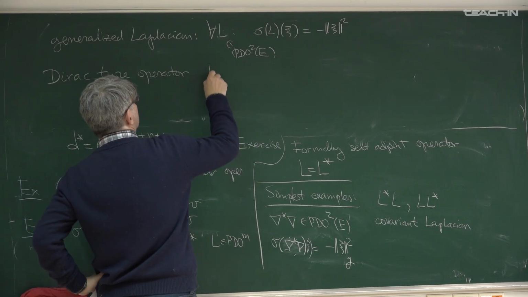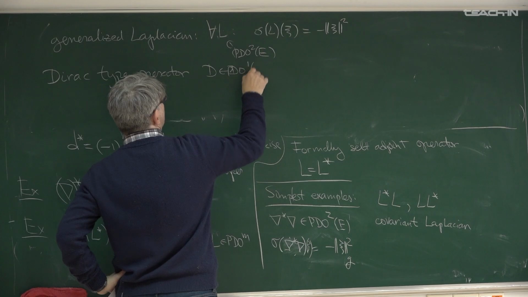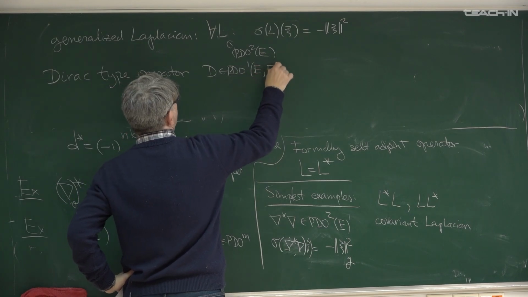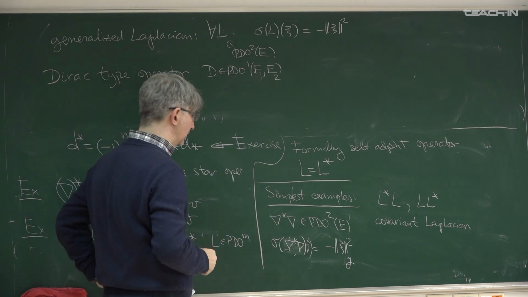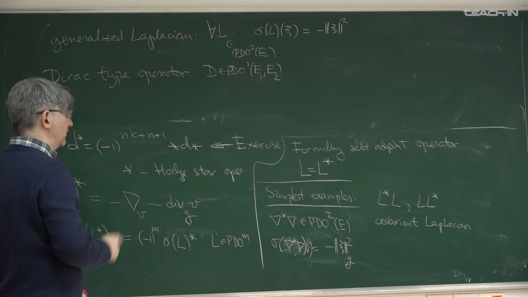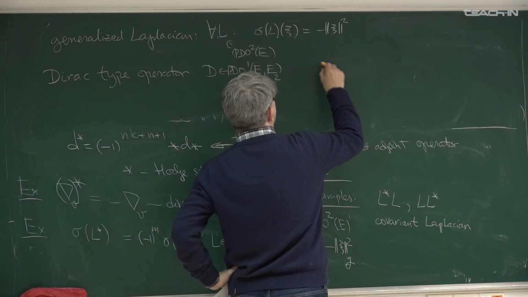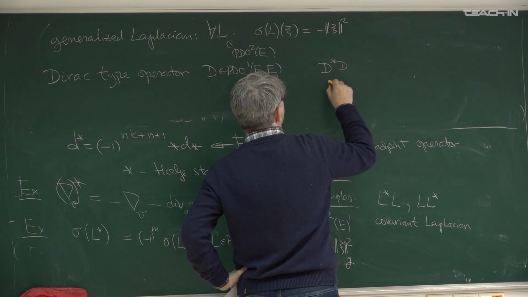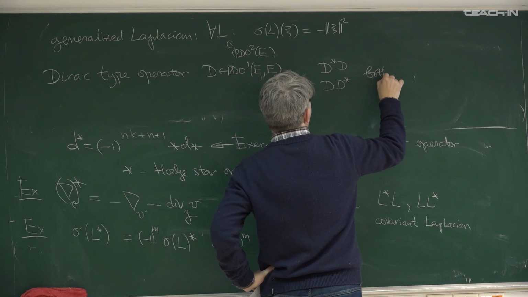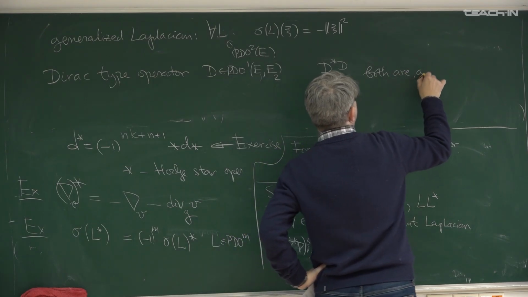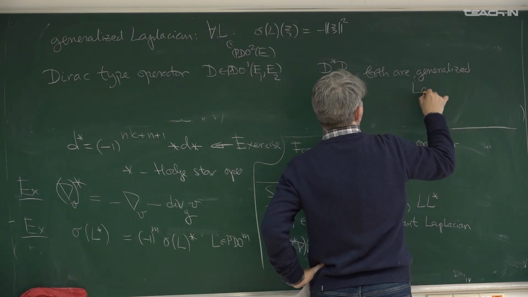It is an operator which belongs to partial derivative operators of order 1 from sections of one vector bundle to sections of another vector bundle. It's important, from one to another, such that if you write here two compositions, this one and this one, both are generalized Laplacians.